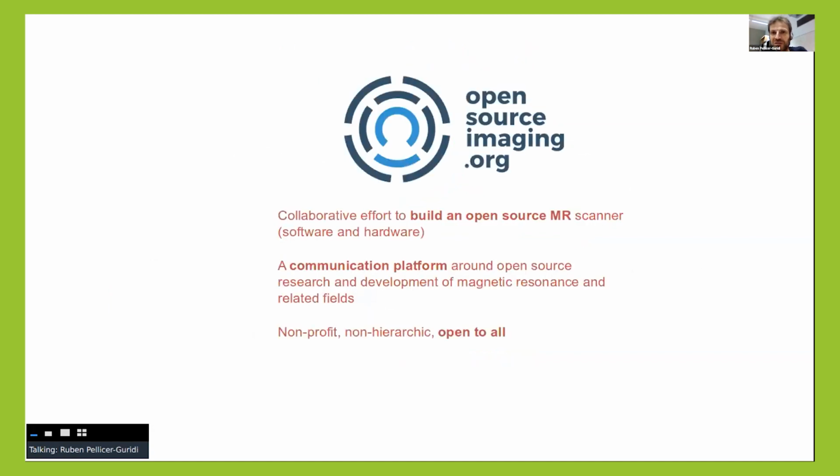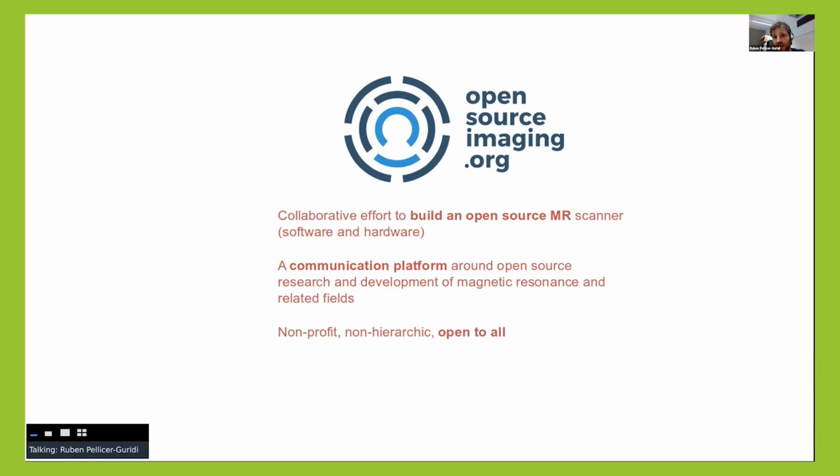What is open source imaging? This is the reason I explained the motivation. Open source imaging is a community that started willing to bring together all this knowledge of people in the MRI world. Originally, it was moving between scientists working in this area.